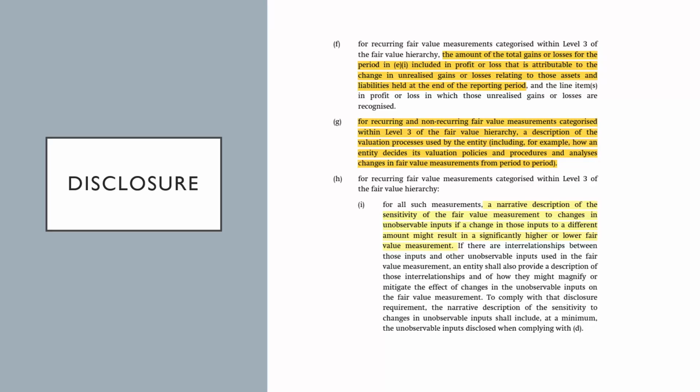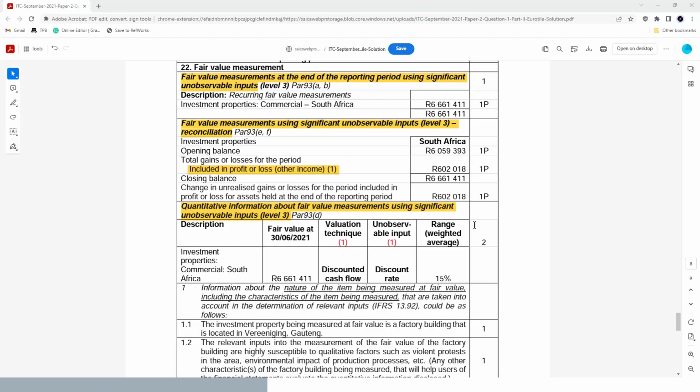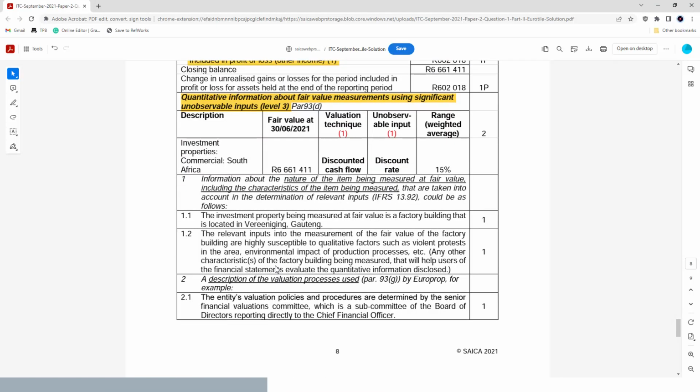And then you need to speak about the susceptibility, right? Significant increases in the discount rate would significantly lower or higher fair value measurement of investment property. The entity monitors the discount rate, which is the unobservable input, by recalculating it on a quarterly basis based on most recent information. Remember I spoke about the fact that there are strikes, and that comes through in this question.